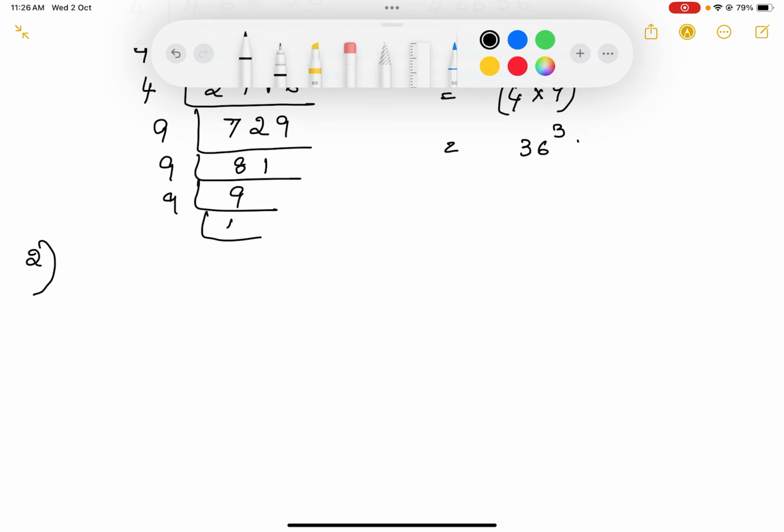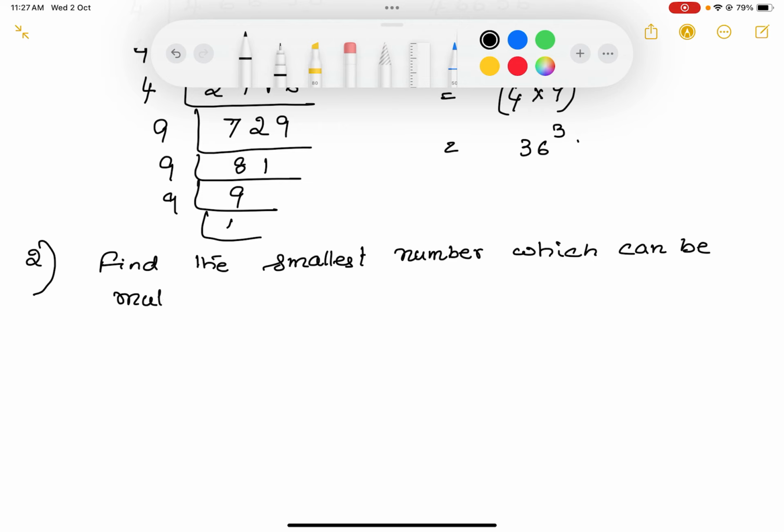Find the smallest number by which each of the following must be multiplied to get a perfect cube.